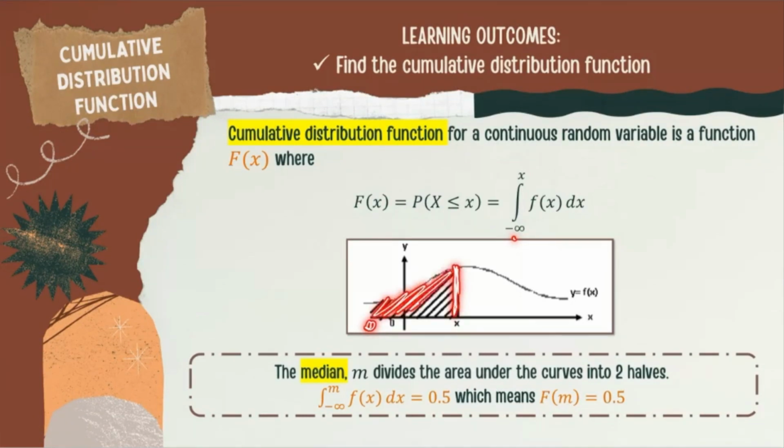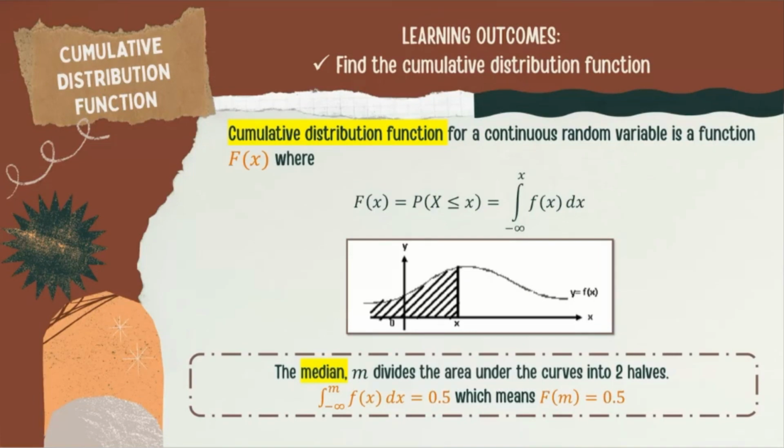So kita akan dapat area dia apa. Sebab tu dia gunakan integration. Sebab bila kita cari indefinite integral, kita akan dapat area under the curve. Sebab itulah kita gunakan integration untuk dapatkan probability for continuous random variable.